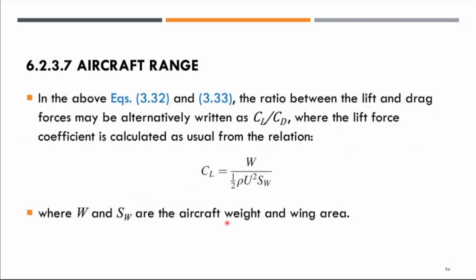In the above equations 3.32 and 3.33, the ratio between the lift and drag forces may alternatively be written as the coefficient of lift and coefficient of drag, where the lift force coefficient is calculated as usual from the relationship where W is the aircraft weight and SW is the aircraft wing area.